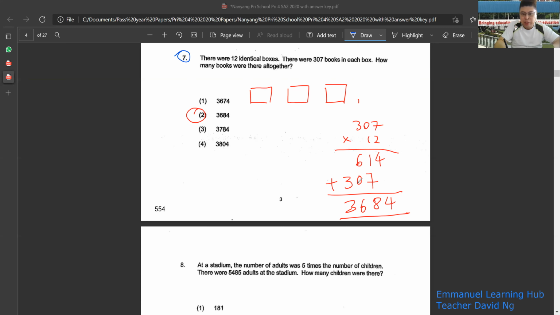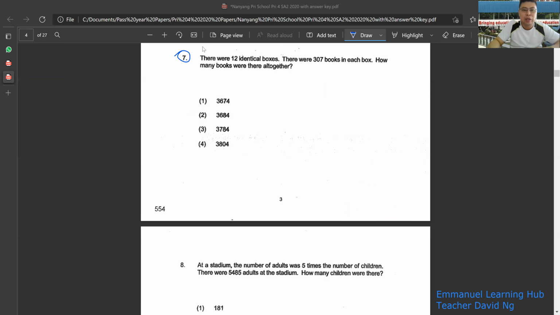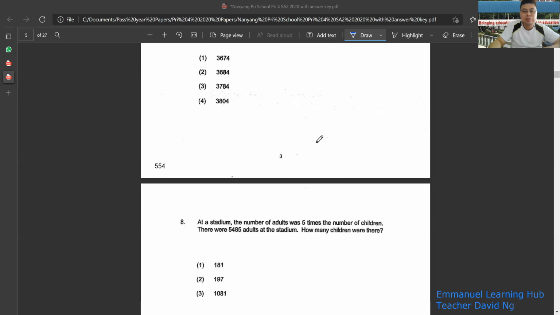No? 0 times 1 is not 1. 0 times any number is 0. Okay, understand? Yes. 0 times anything, any number, is 0. Remember the concept: 0 times anything is 0.